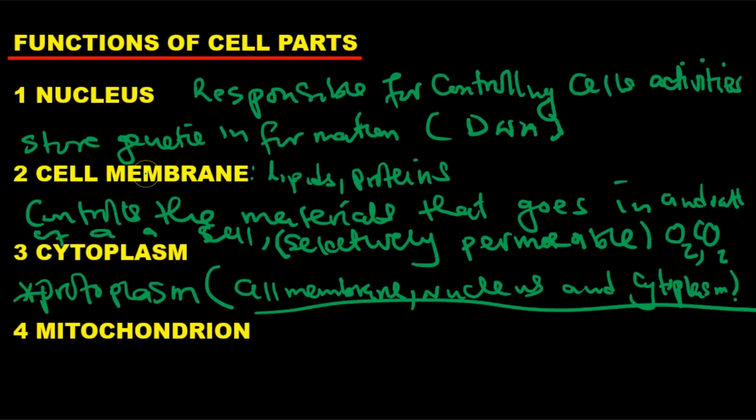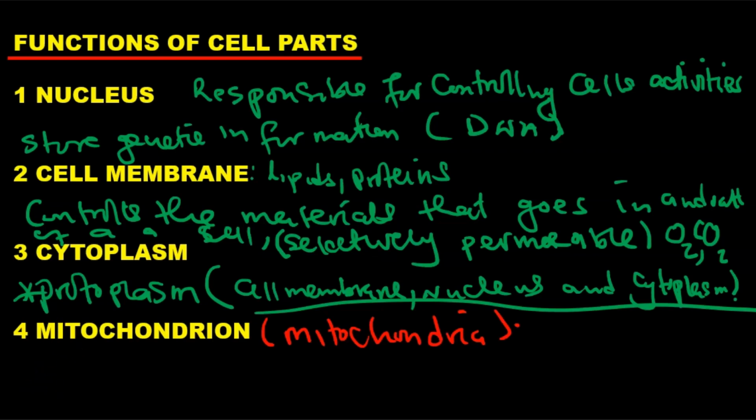Okay? So now, let us proceed to look at the mitochondria. So mitochondria is the plural; the singular is mitochondrion. If there are a lot of them, that means mitochondria. So what is a mitochondrion?